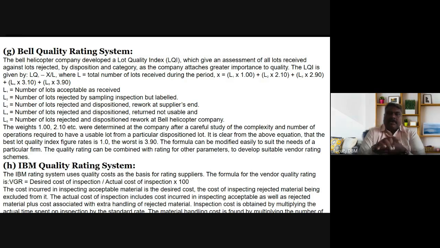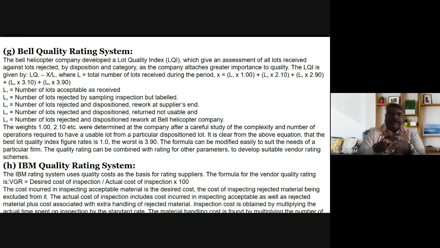There is a possibility of coming back, but here L4 is all the lots which are rejected and returned, and they are not usable. L5 is the number of lots rejected and disposition reworked at the Bell Helicopter. So they are rejected, but they can be improved at this company.